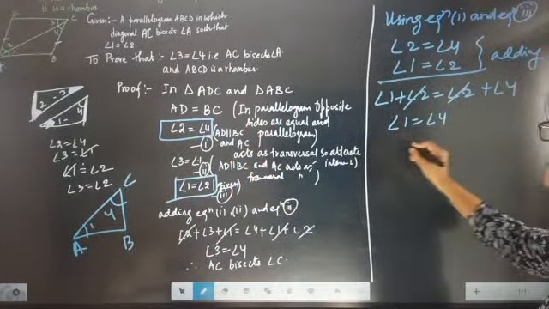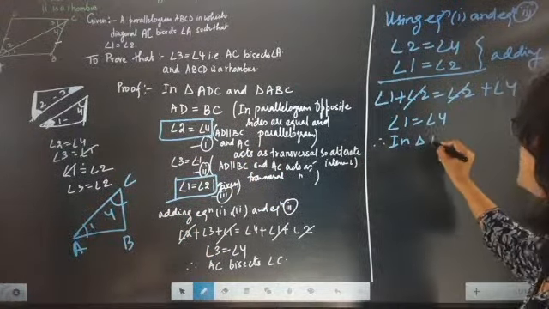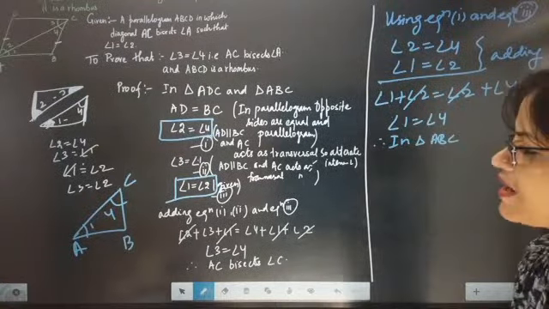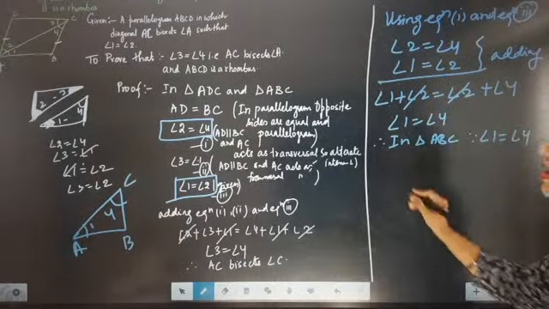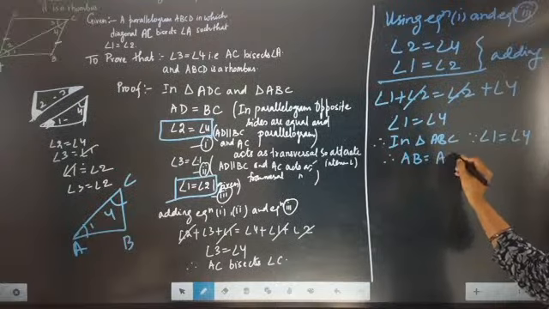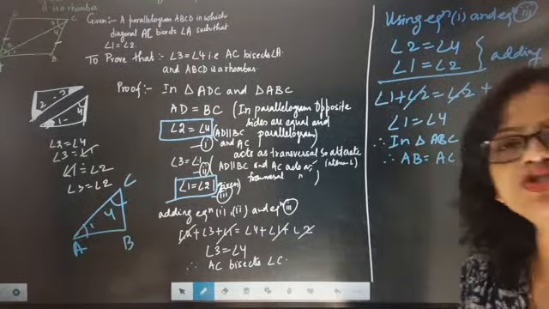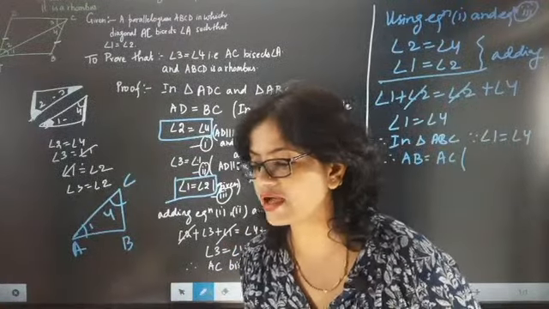So we are going to say that therefore in triangle ABC, since angle 1 equal to angle 4, therefore AB will also be equal to AC. Why? Sides opposite to equal angles of a triangle are equal.